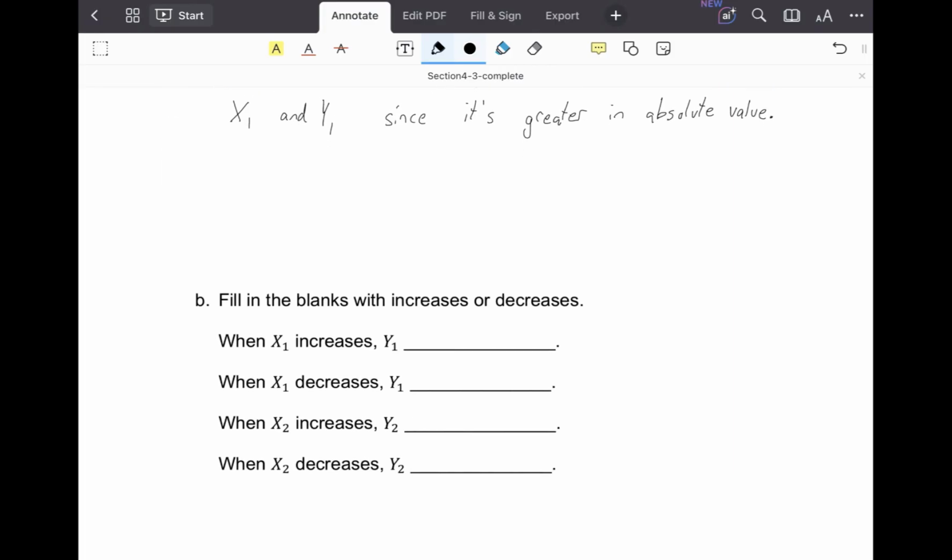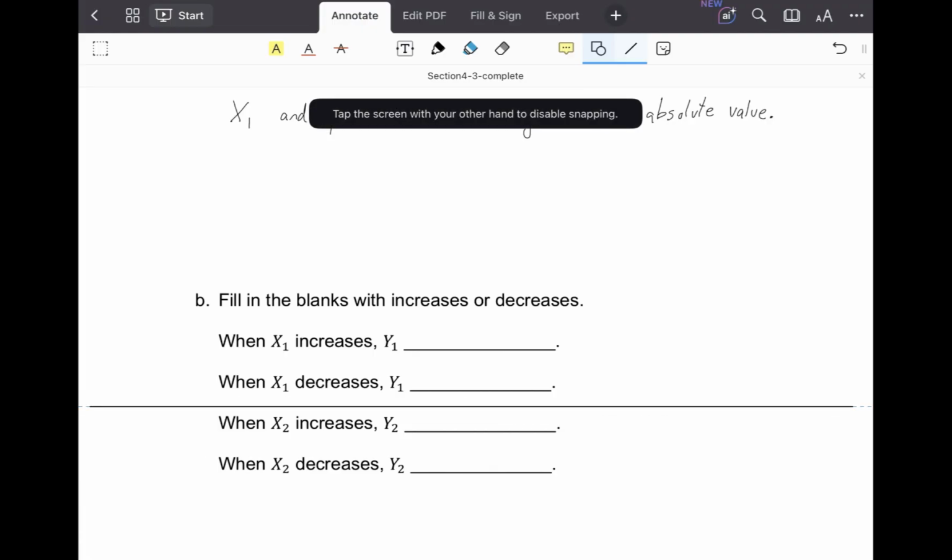Okay, now for this last one, we have to think about the relationship between the correlation coefficient and the slope of the line. And I'm just going to make a line in between these two.